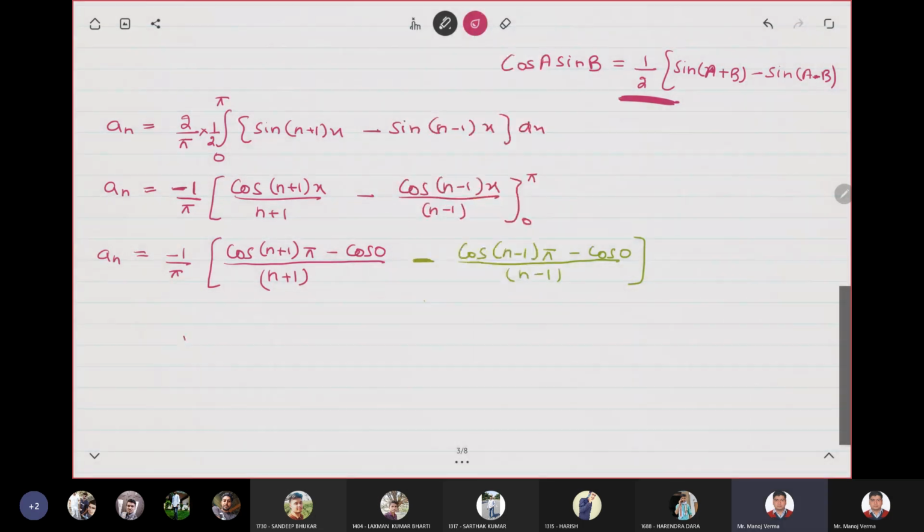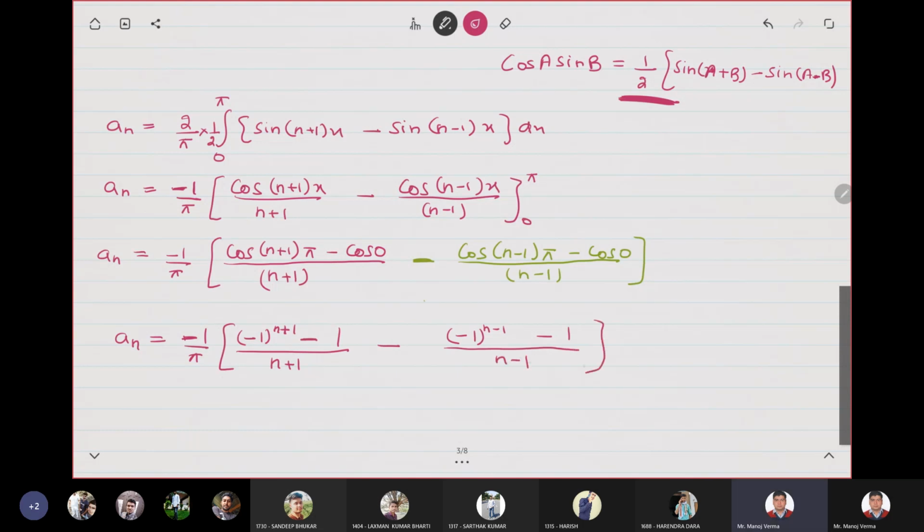Okay, so now if I insert the values of these identities, the value of cos 0 will be 1, and the value of cos (n plus 1)pi will be minus 1 raised to the power n plus 1, because cos n pi is equal to minus 1 raised to the power n. So this will be minus 1 over pi, times minus 1 raised to the power n plus 1 minus 1, divided by n plus 1, minus minus 1 raised to the power n minus 1 minus 1, divided by n minus 1.